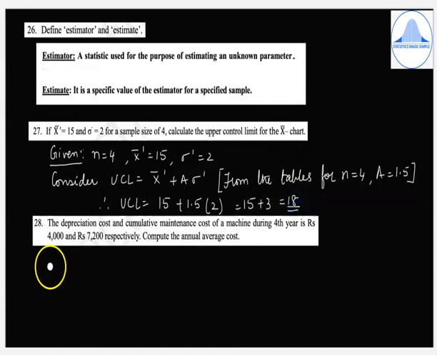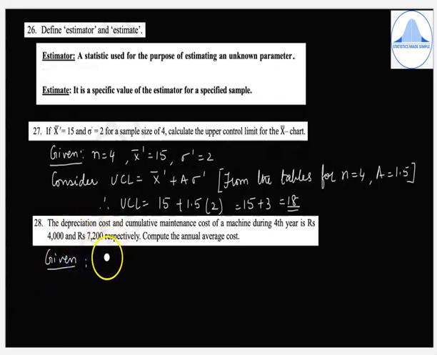28th question. The depreciation cost and cumulative maintenance cost of a machine during 4th year is rupees 4,000 and rupees 7,200 respectively. Compute the annual average cost. So let's write down the information which is given.